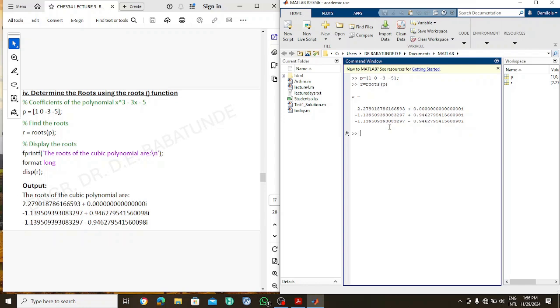So if you look at the solution, we see that the first one is a real number, okay, because the complex part, the imaginary part, is all 0, and that value is very close to what we have gotten with the first 3 methods. Now the other 2 results, they are what? They are complex numbers because they have values for the imaginary part. Okay, so that's that.